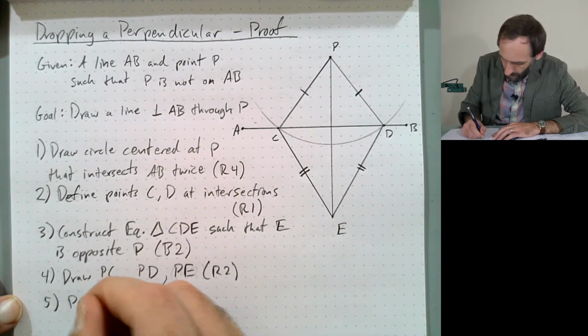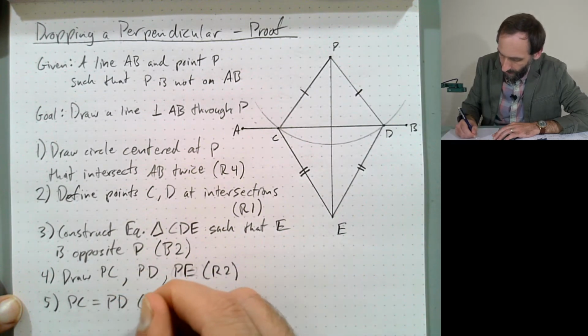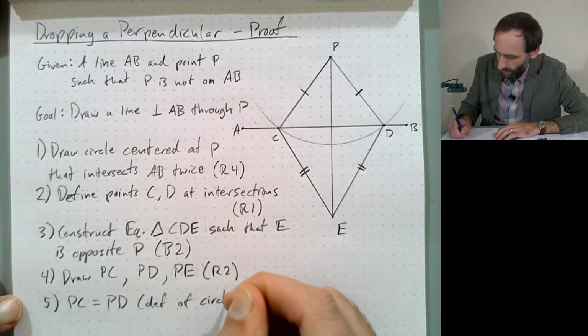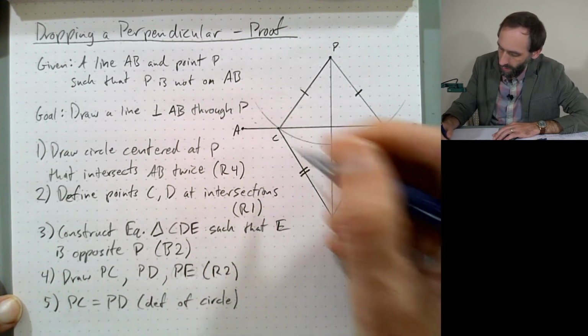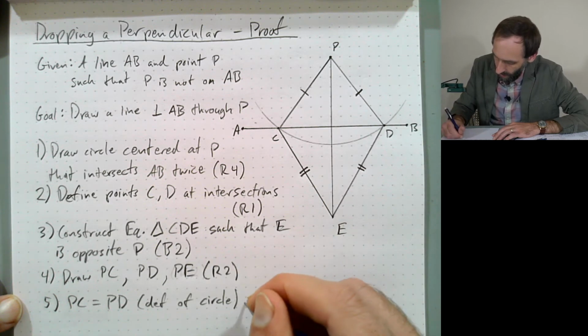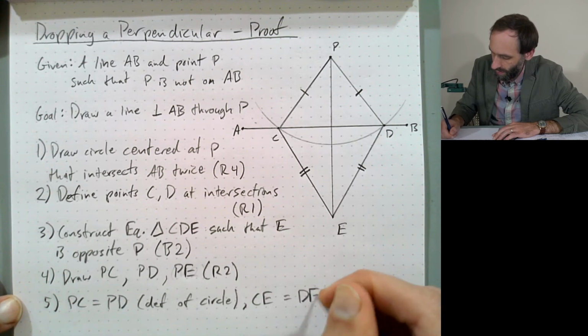PC equals PD. That's by the definition of a circle. But also CE is equal to DE, so I'll add that here too. CE is equal to DE.